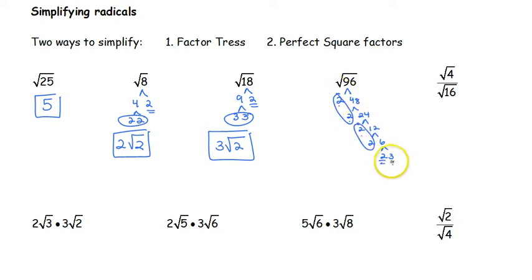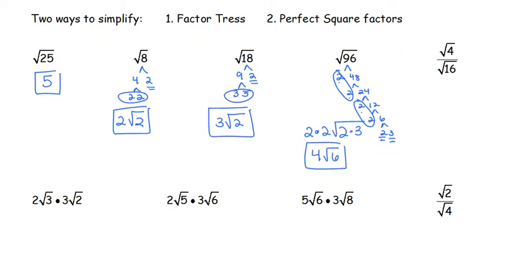I've got a 2 that's left over, and I have a 3 that's left over. Those don't have buddies, so they have to stay on the inside. I do have 2 pairs of 2's though, so there's one pair going to the outside, there's a second pair going out, and there is the 2 and the 3 left over on the inside. Now these are prime factorization, so it's all multiplication. So this is a 4 on the outside and a 6 on the inside.